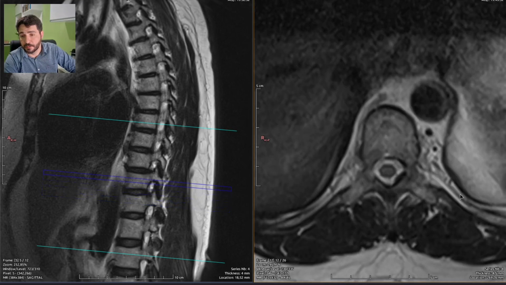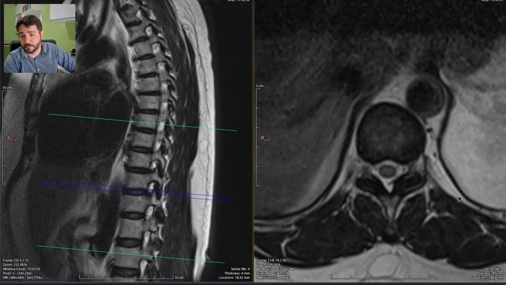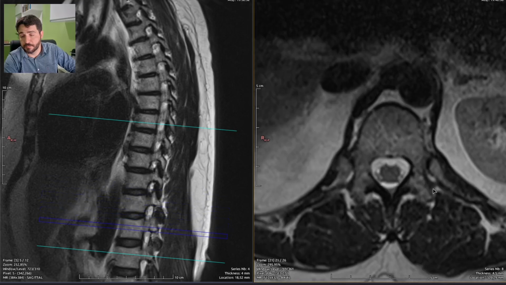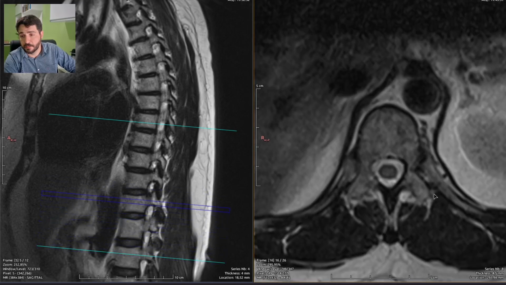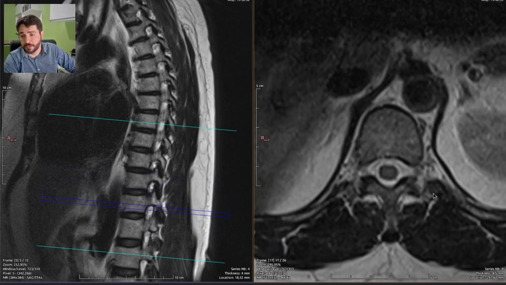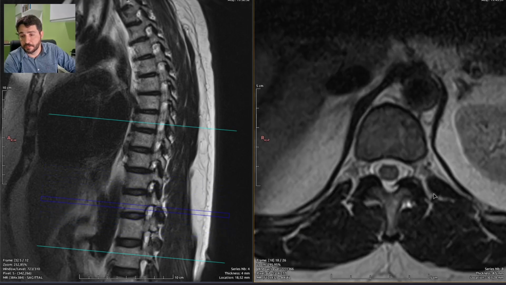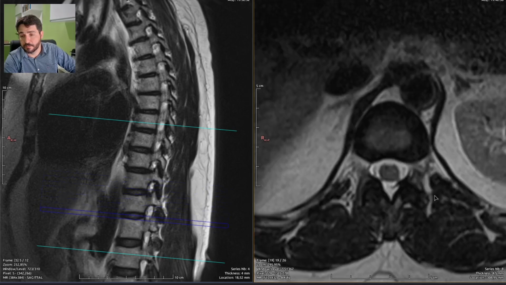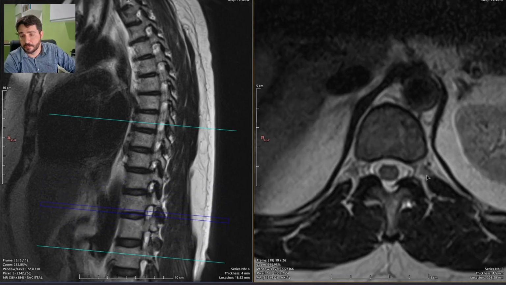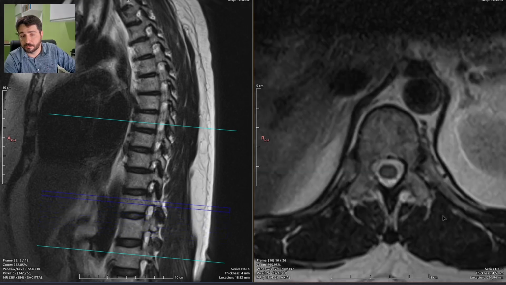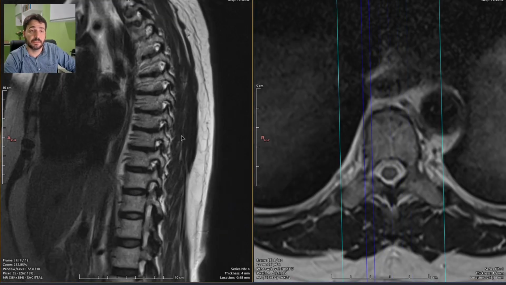Also, the costovertebral joints are also a bit deformed with signs of arthrosis. So actually, yeah, there is arthrosis right there. So let's count.